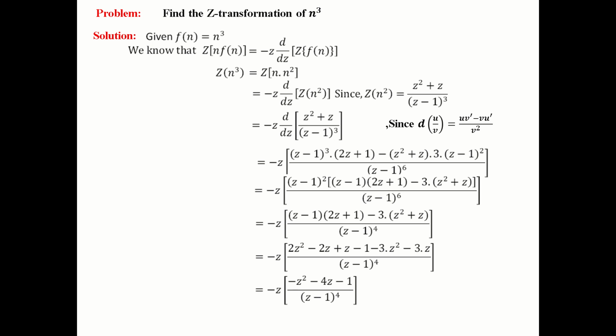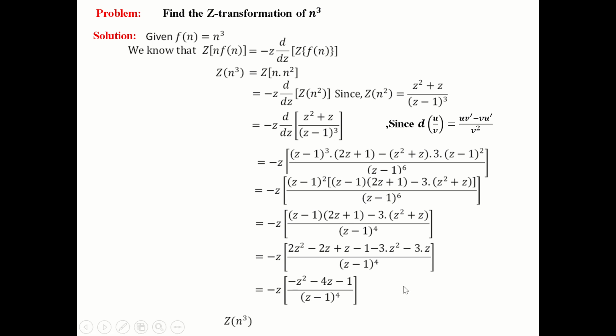Next the z terms: minus 2z, then minus 3z, total minus 5z, then plus z, so you will get minus 4z. Then the constant term minus 1, divided by z minus 1 power 4.